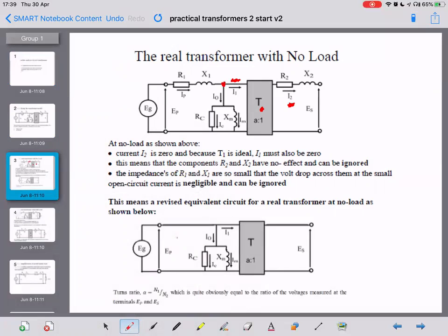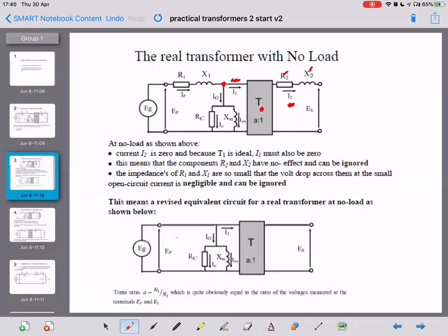So if there's no current flowing out of the ideal transformer, then there must be no current flowing into it. What this means is that the components R2 and X2 over here have no effect and can be ignored. So down the bottom in our simplified model of a transformer off load, we just take out the two components R2 and X2. They don't do anything.